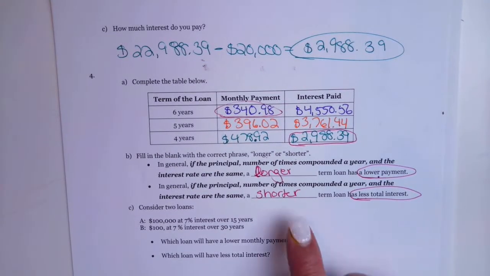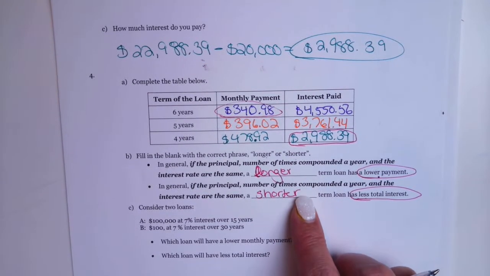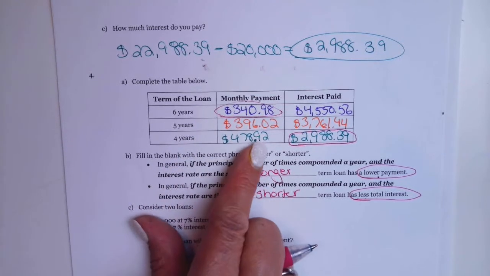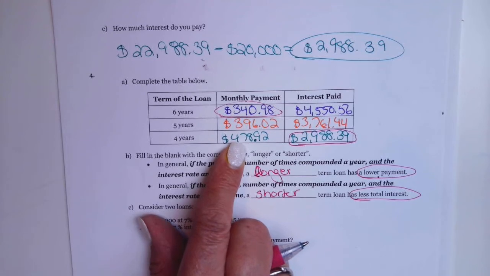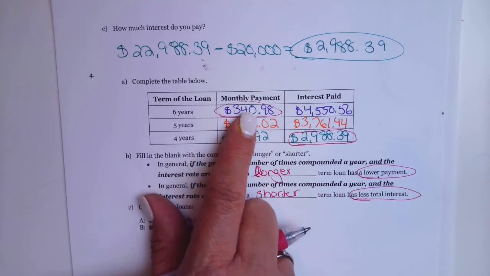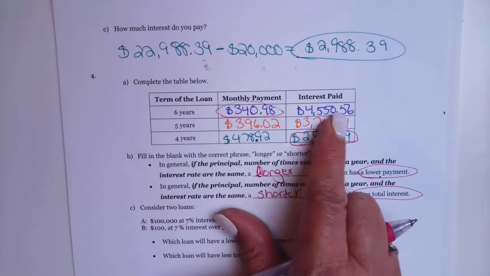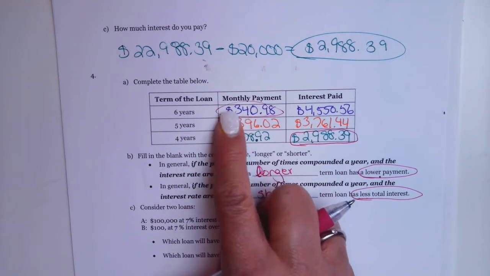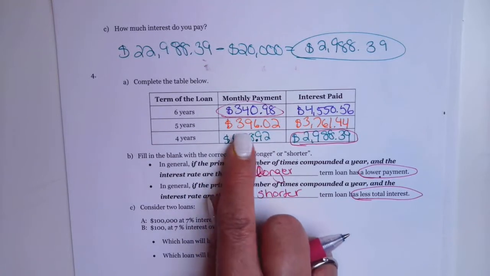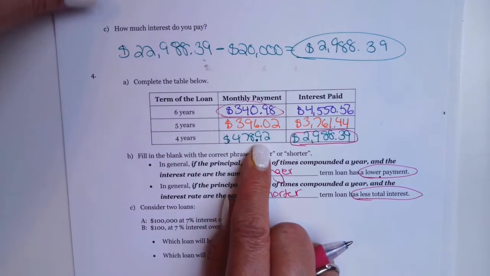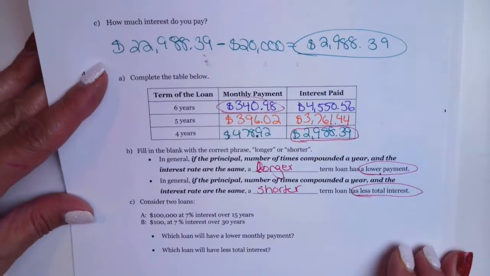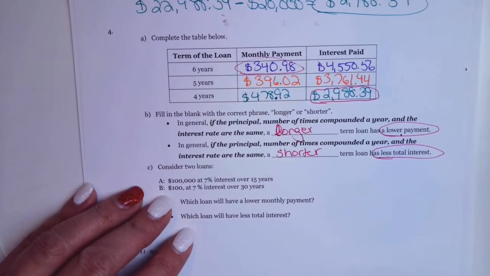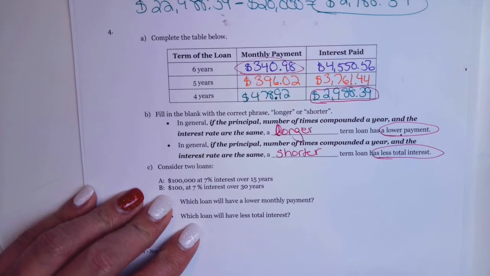It just depends on, are you able to pay a larger monthly payment? If not, then you go with the longer, and yes, you'll pay more interest, but you're not going to get in trouble for a monthly payment that's too much, that you can't afford. So it all depends on the situation when you're needing it.